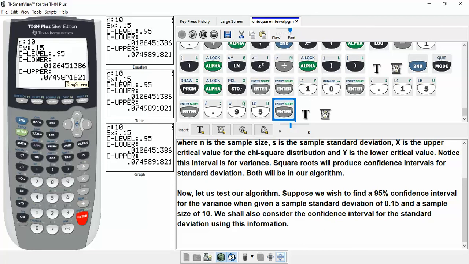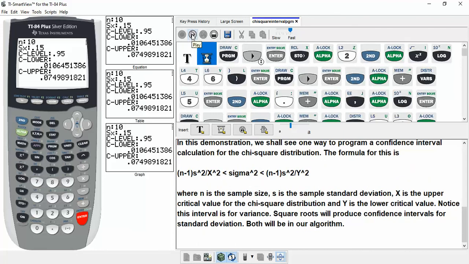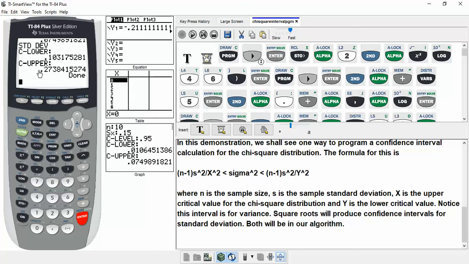Now remember, the first thing that this algorithm outputs is the confidence interval for the variances. Okay? So notice the algorithm is paused, and what we're going to do is we're going to hit enter again, and we get the standard deviation values at 0.103 for the lower bound on the confidence interval for the standard deviation, and we get 0.273 for the upper bound on the confidence interval for the standard deviation.